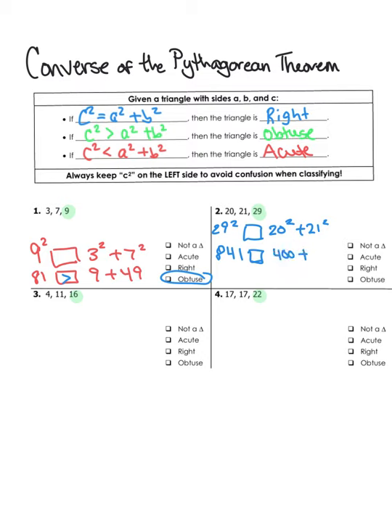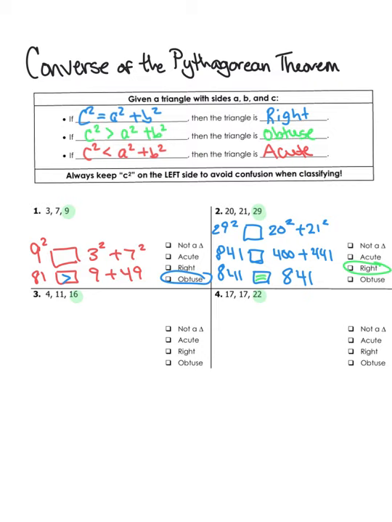And 21 squared is 441. So 400 plus 441 is 841. So these two numbers are equal. If they are equal to each other, then we know this triangle is a right triangle.